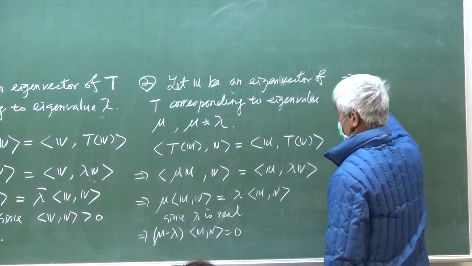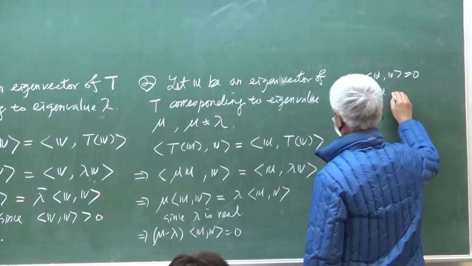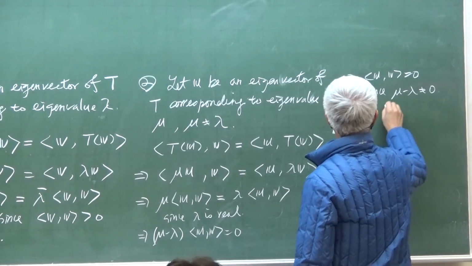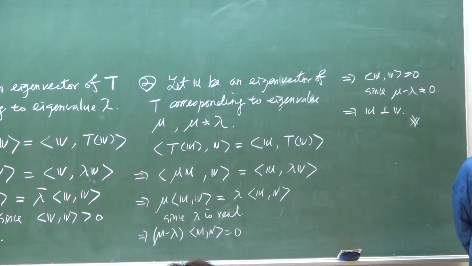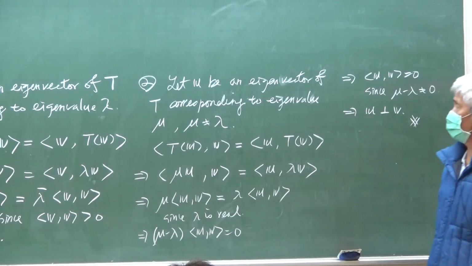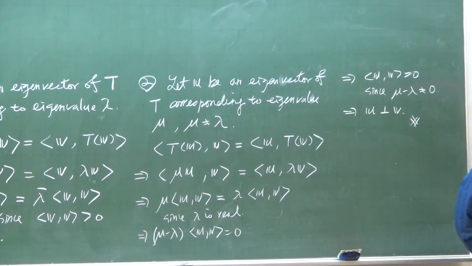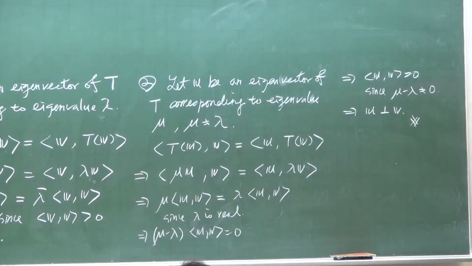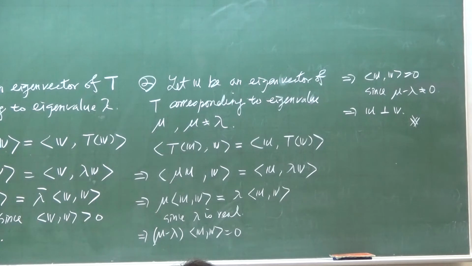And so this implies that u is orthogonal to v. Okay, so eigenvectors corresponding to distinct eigenvalues are orthogonal to each other. Any questions?